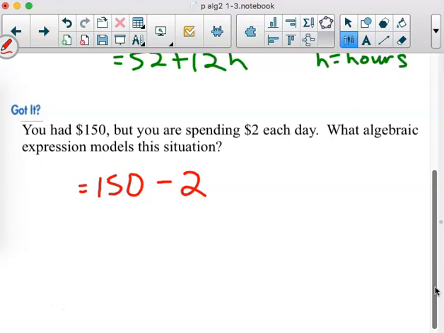But is it just $2? And the answer is no, because it said $2 each day. So $2 for every day. And then I realized I probably better put over here D equals days. So people will know exactly why I set everything up the way that I did.